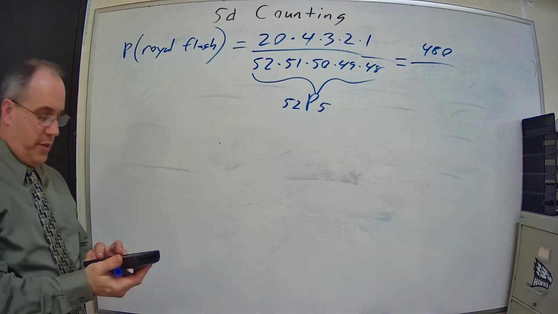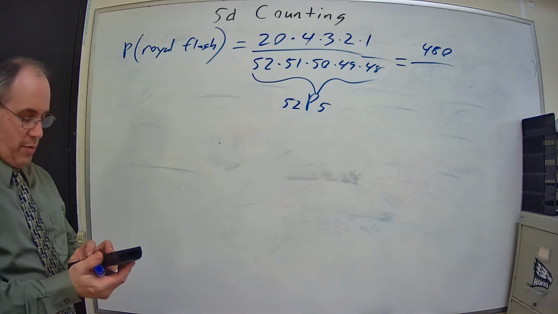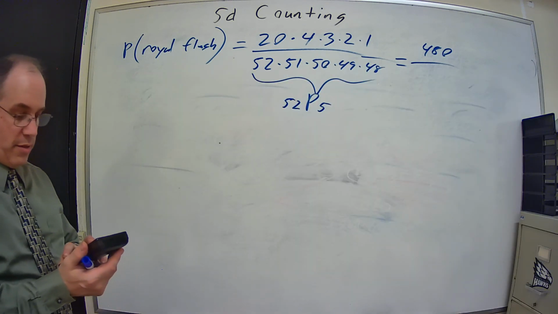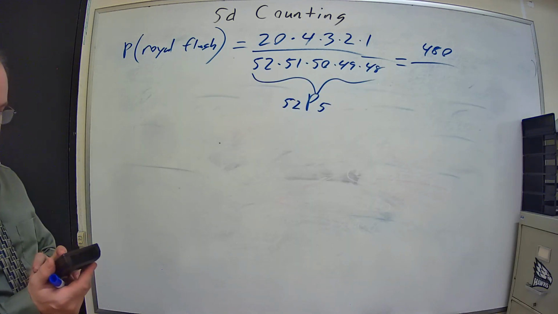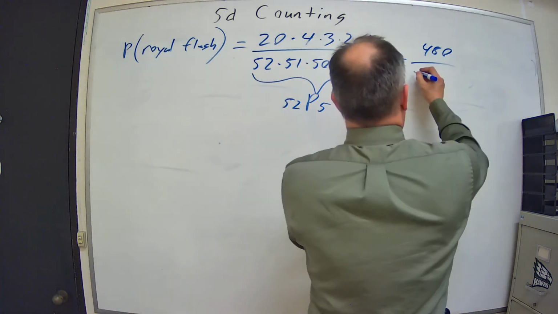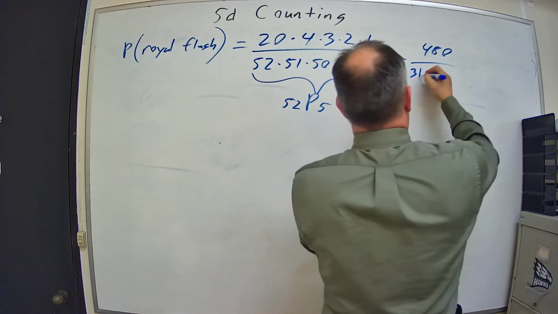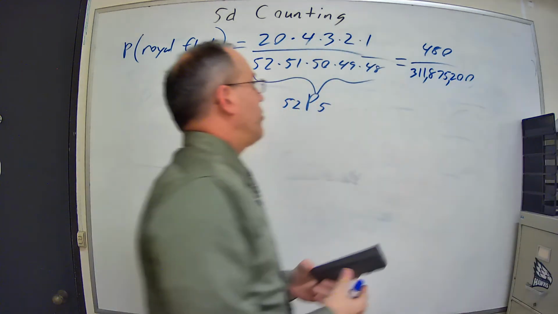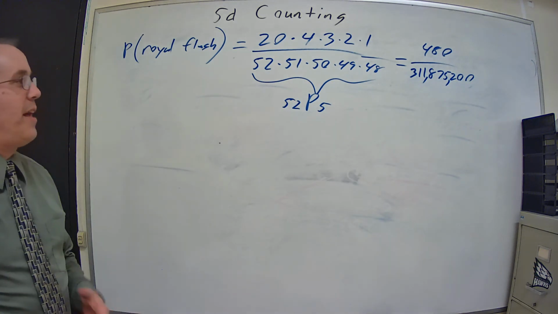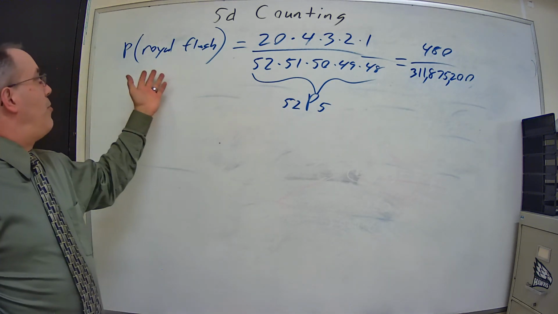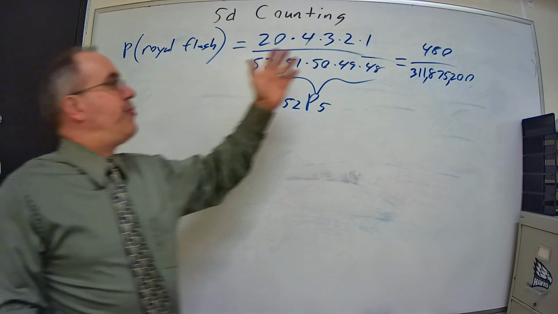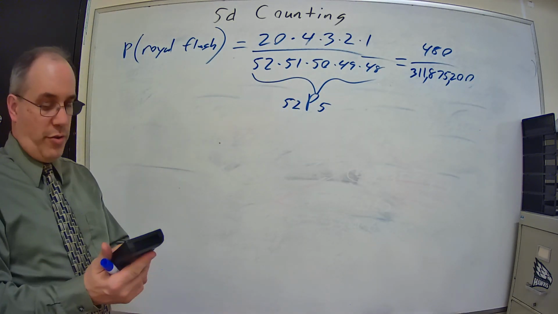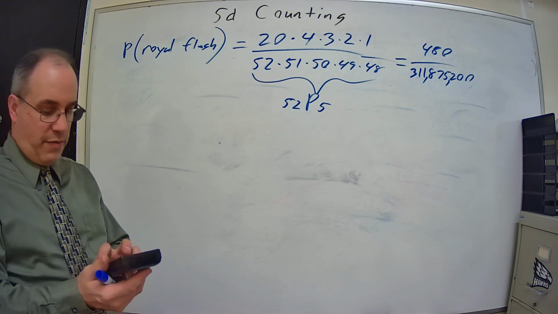The bottom is 52 times 51 times 50 times 49 times 48, which is 311,875,200. So the probability of getting a royal flush is 480 over 311,875,200. So let's divide that.